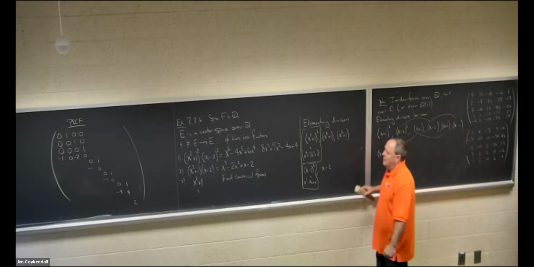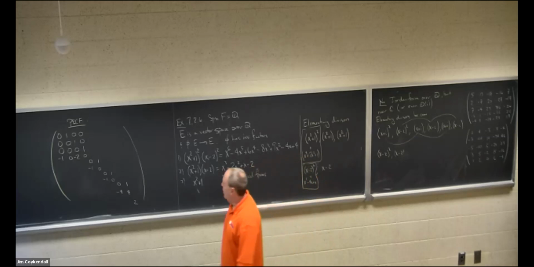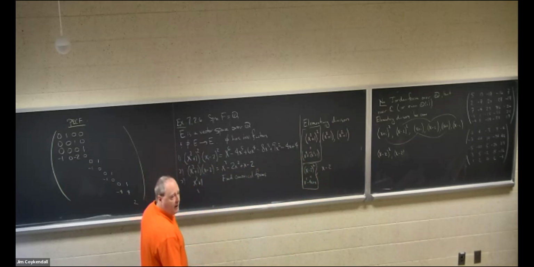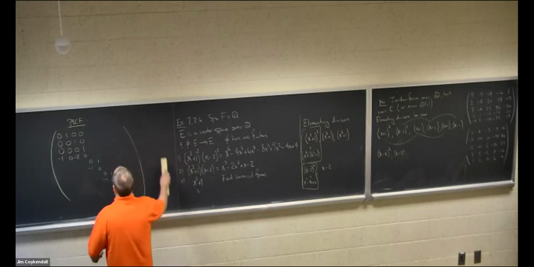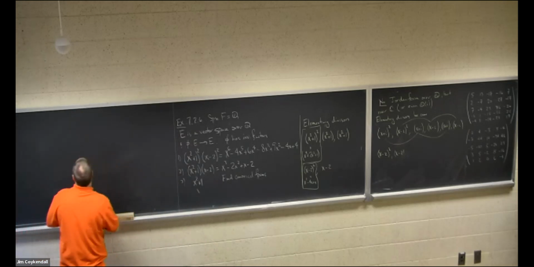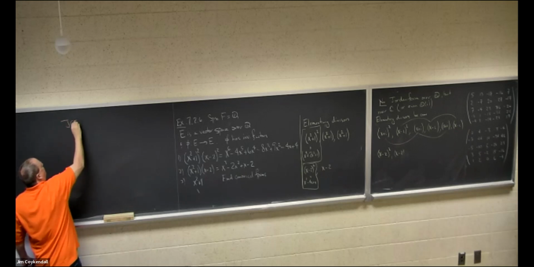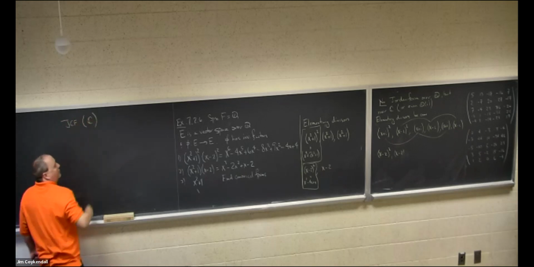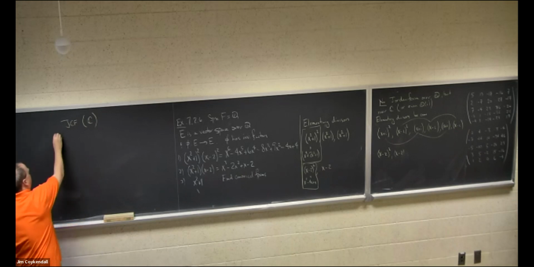Good. The Jordan form for this is over a bigger field where you can break down x squared plus 1, for example C, but it could be a smaller field.